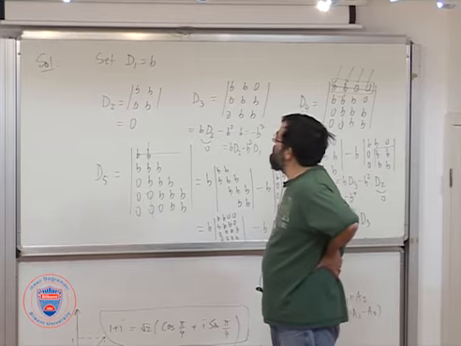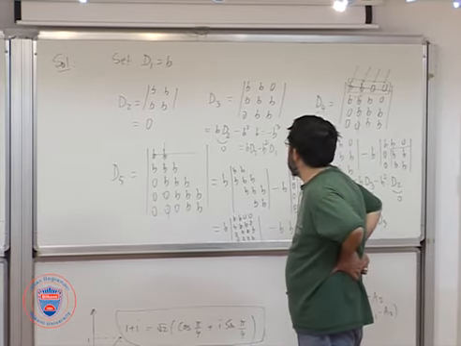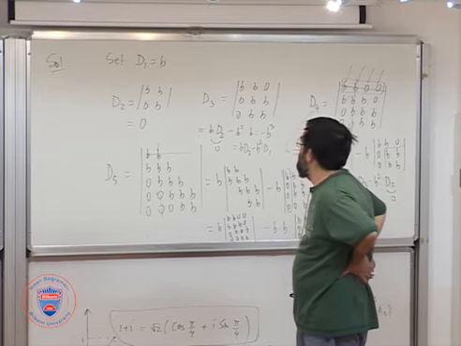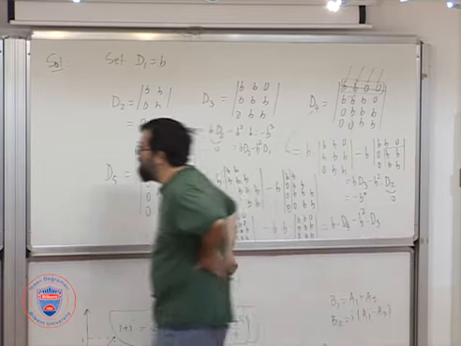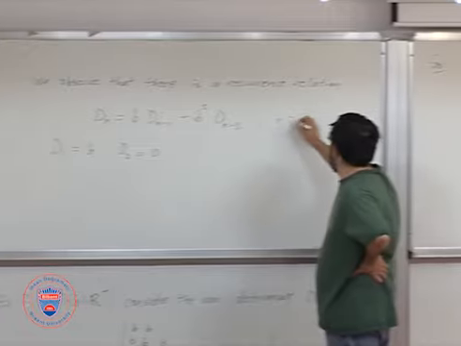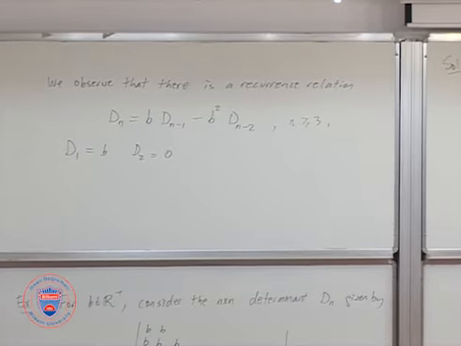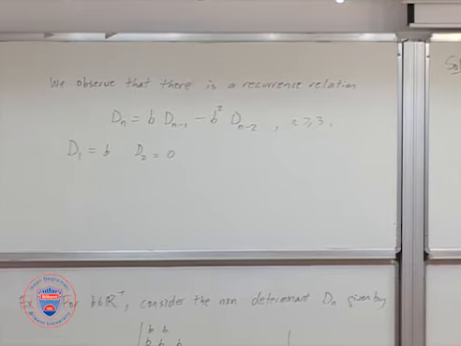Yeah, I could even set d0 to something, but let's not do that. So we can say this is now true for n bigger or equal to 3. Right? So d1 is b, d2 is 0, and for n bigger or equal to 3, dn is equal to that.